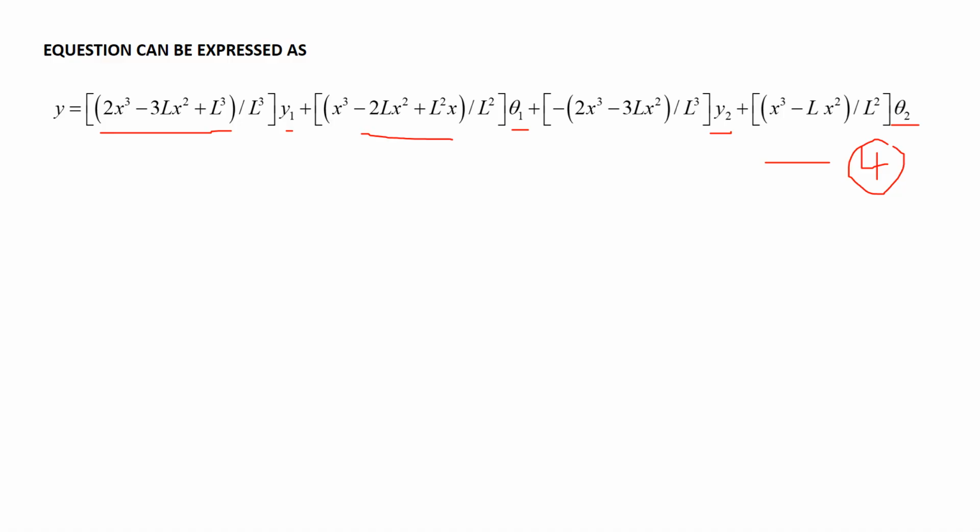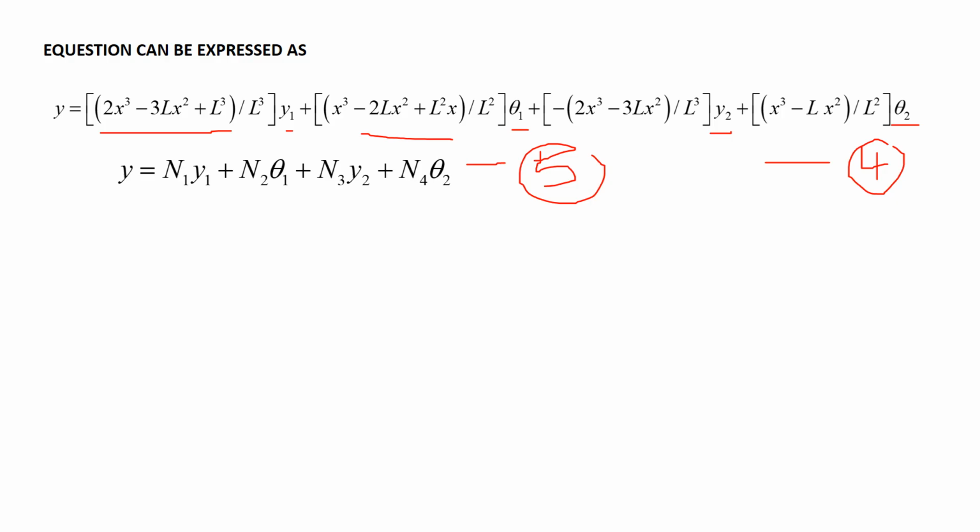Simplifying this equation, y is equal to n1 y1, n2 theta 1, n3 y2, n4 theta 2. This is equation 5. Here n1, n2, n3, n4 are the shape functions of this beam element.